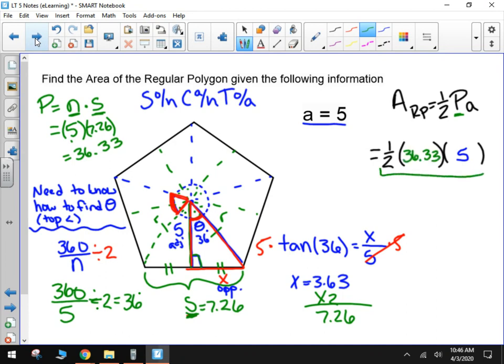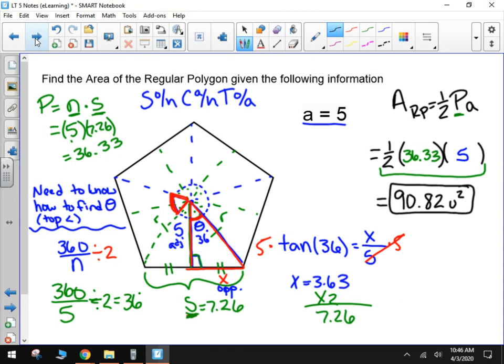All I have to do is put this on my calculator and multiply. It's okay to give me a decimal because there's no pi in this problem. 90.82 units squared. So that is an example of when I give you the apothem, how to find the area of a regular polygon. You'll have to find the side length first, and then you can find perimeter, and then you can find the area. I know it's a lot of steps.